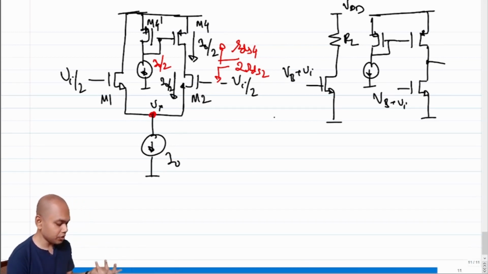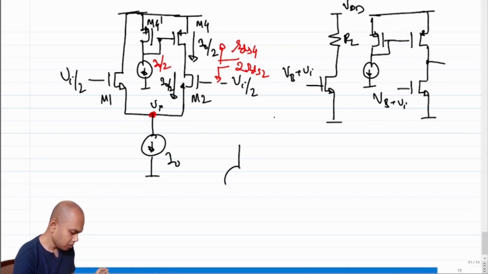Does anything change with regards to the short circuit current? Nothing changes with regards to short circuit current, because the RL was not playing any part in determining the short circuit current. So in this case, M4 will also not play any part in determining short circuit current. So short circuit current doesn't change.